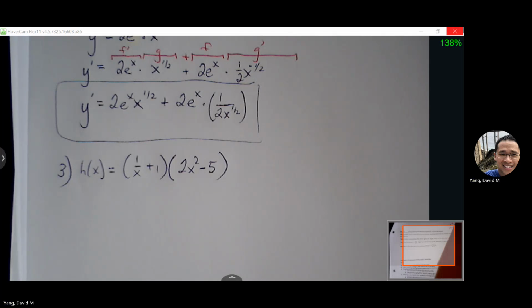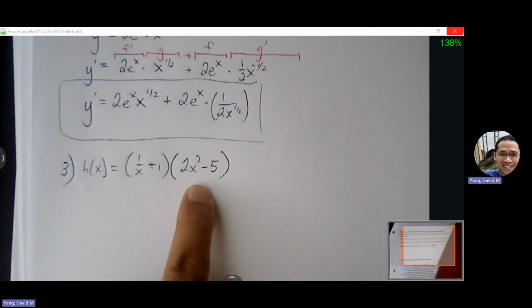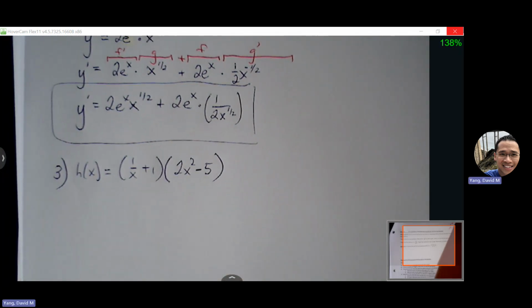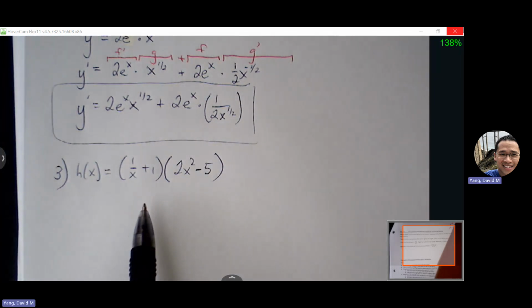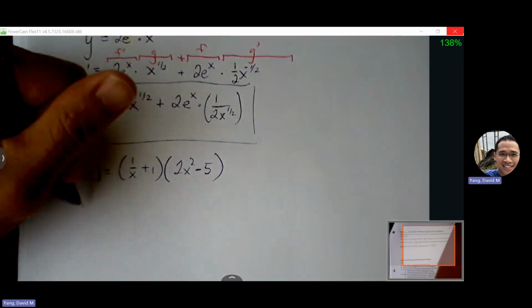So now we would like to do power rule for everything, but something is a little bit not quite ready for power rule. What can we rewrite before we jump to our derivative? X to negative 1. Okay, so I'm just going to rewrite that.